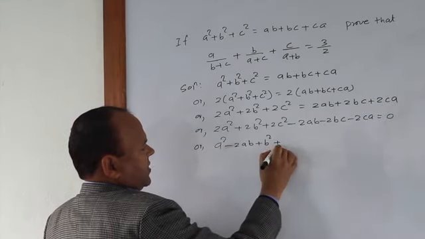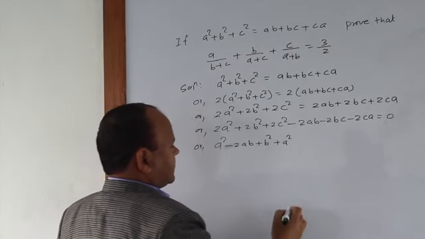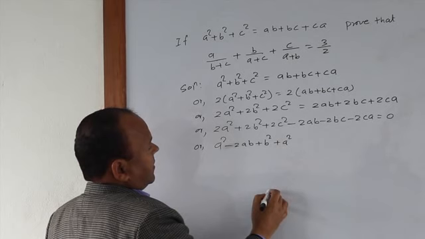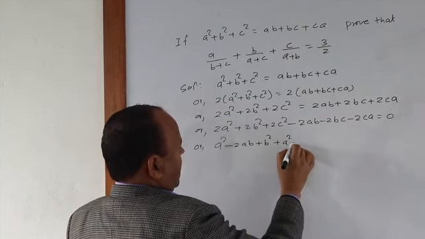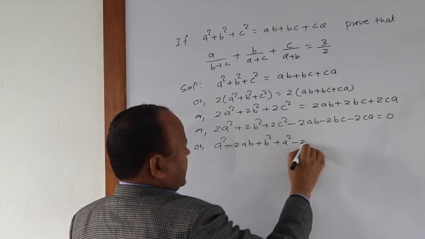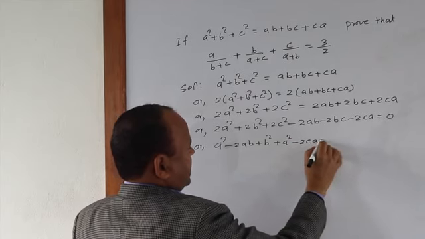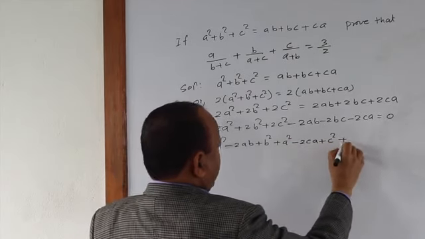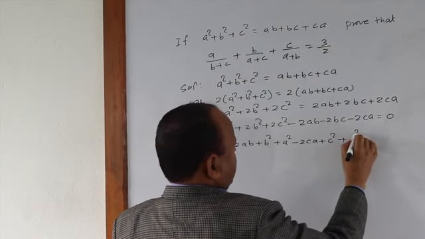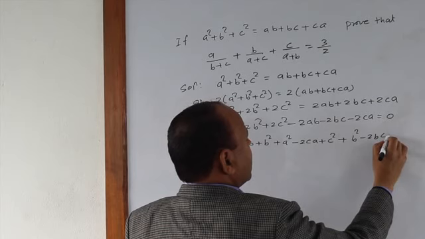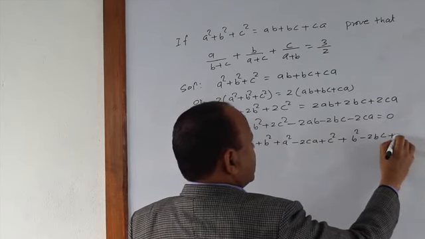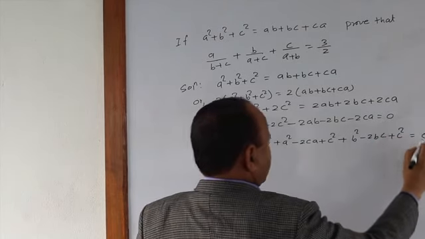So again let us write here a square minus twice ca plus c square, plus b square minus twice bc plus c square is equal to 0.